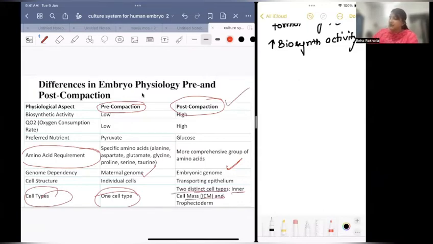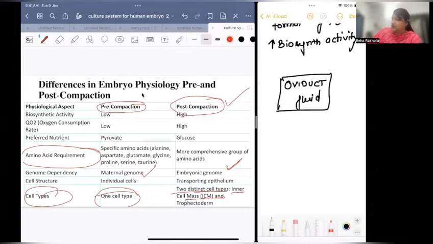Now see, there are oviduct fluid and uterine fluid. Oviduct fluid contains high pyruvate, high lactate, and low glucose.